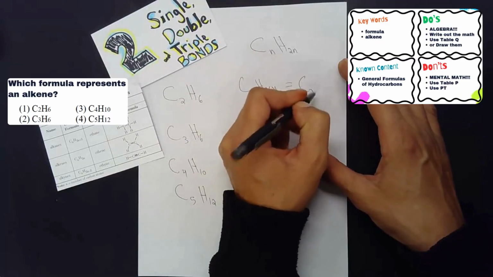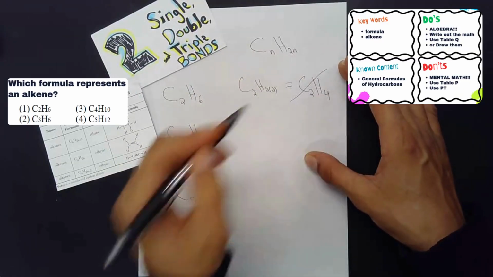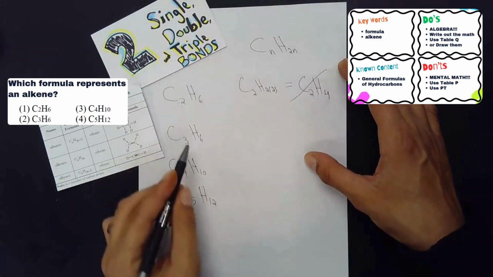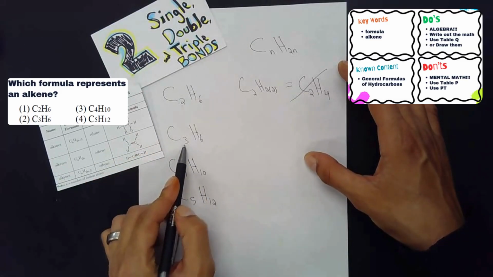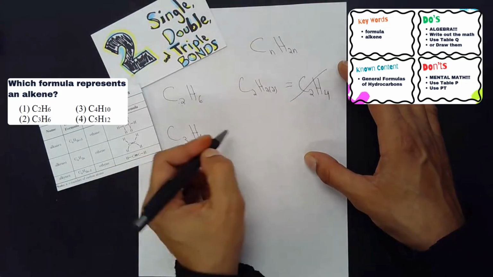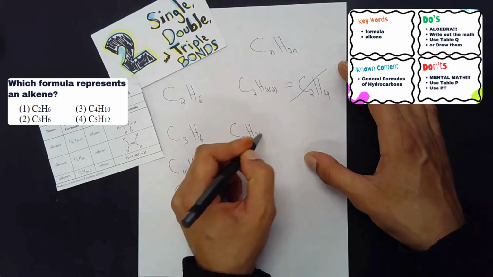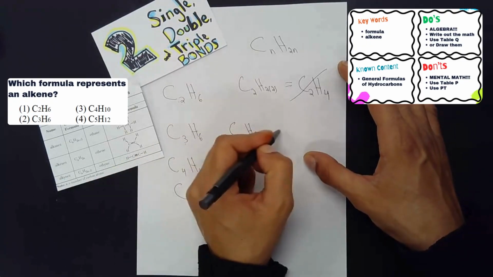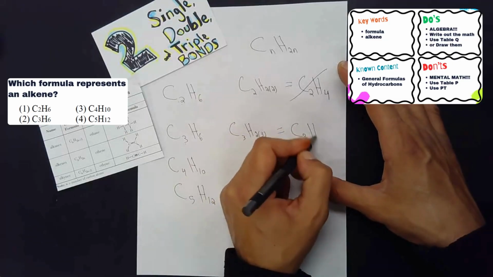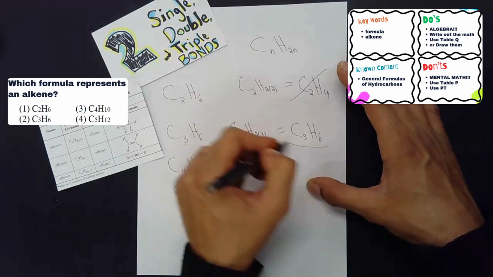That would give us C2H4. That's not it. If N was 3 carbons, we'd have C3, H2 times 3. That will give us C3H6. That is our winner.